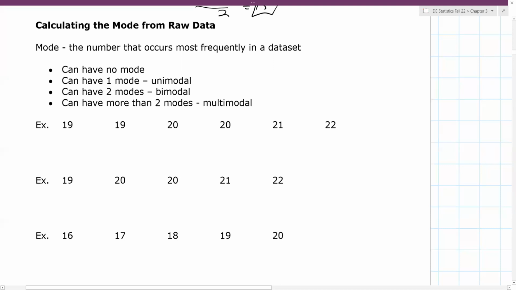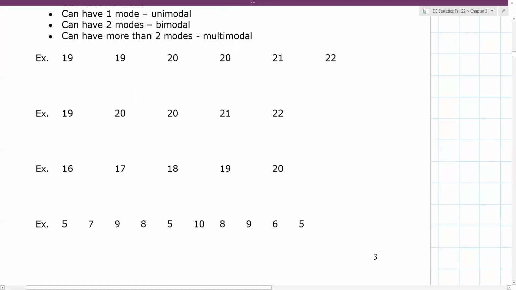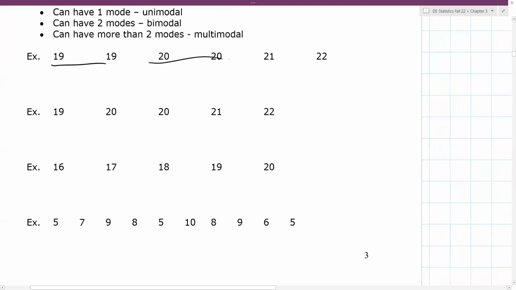All right, so let's take a look at these 4 examples. Take a second, try and find the mode or modes for each of those, and then unpause, and we'll come back together. All right, so this first one, there are 2 19s, there are 2 20s, and only one of the other ones. So 19 and 20 are the 2 modes.